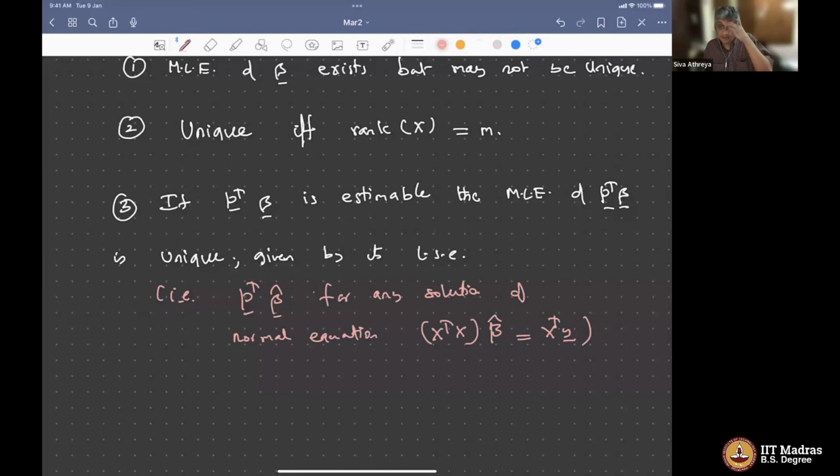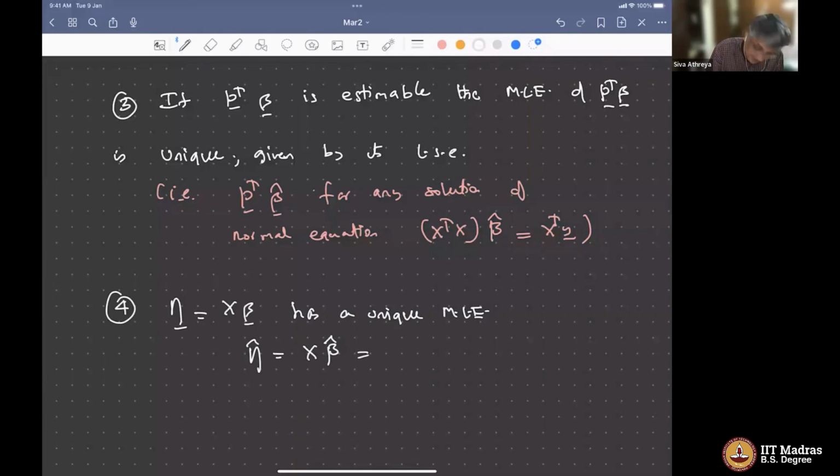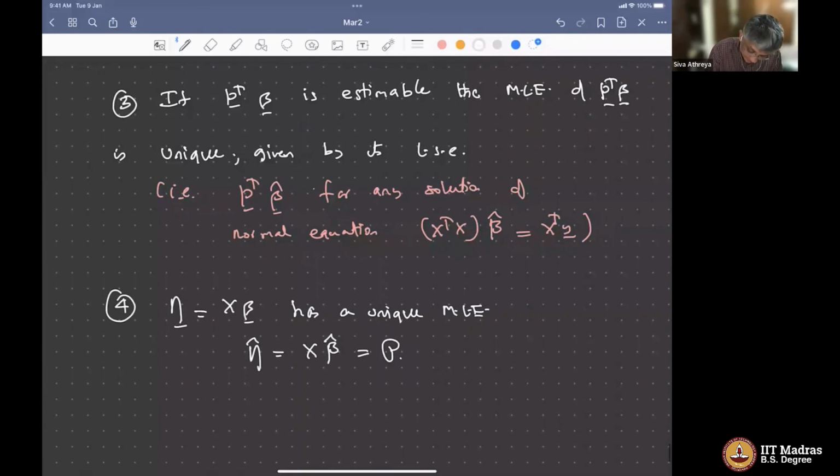That's one remark. Then, from this MLE idea, I can go back and say eta equal to x beta has a unique MLE. You can either use the normal equations, or you can say eta hat is x beta hat, and x beta hat is just the orthogonal projection onto the column space of x times the y vector.